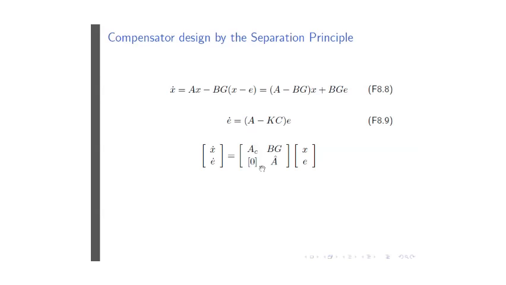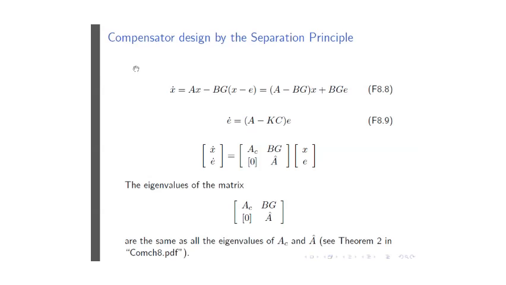Okay, so how do we calculate the eigenvalues of this matrix? Because that's what we need to do next. It turns out that, and this, by the way, is not actually in Friedland. Friedland argues this once again in a Laplace domain argument.